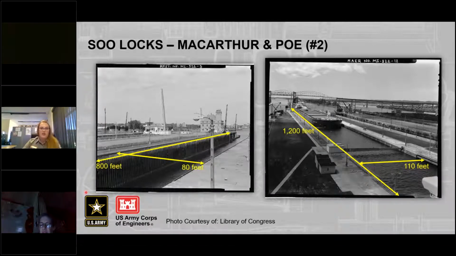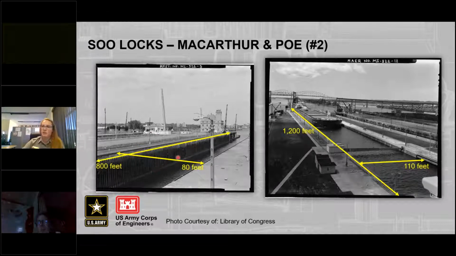In the 1920s and 30s, shipping companies then asked for a new, deeper lock. The project then received a boost during World War II when the supply of iron ore became a matter of national security. The project was approved, and in 1943, the 800-foot long and 80-foot wide MacArthur lock was finished.